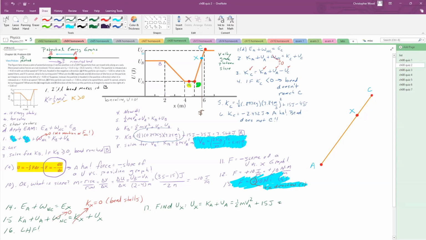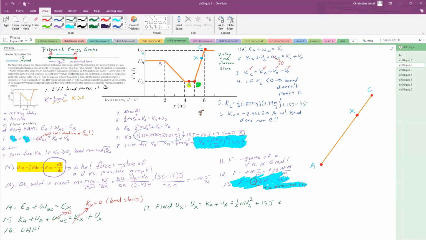This is the potential energy that my red bead has attained. It has attained 0.5 times 0.897 times 7.84 squared plus 15. Is that right?